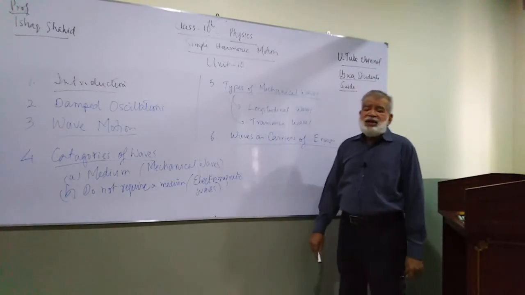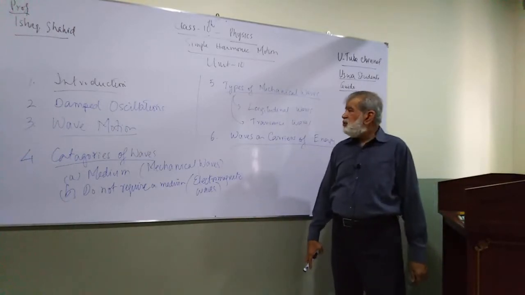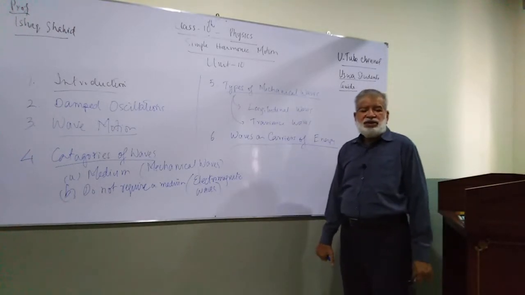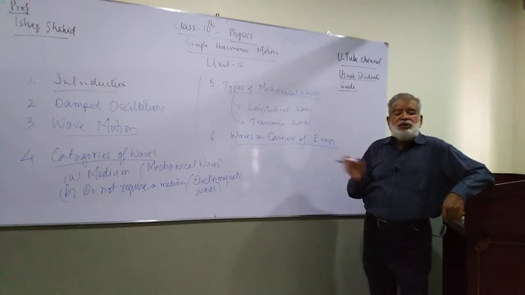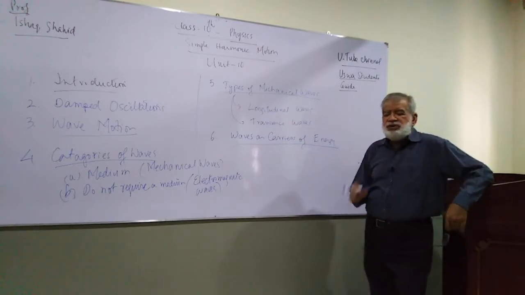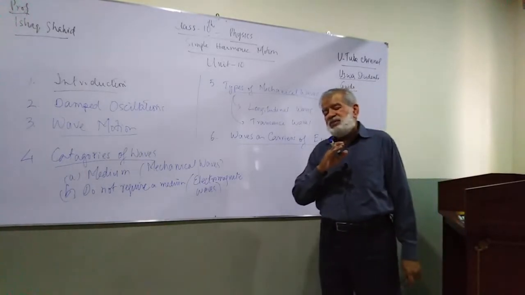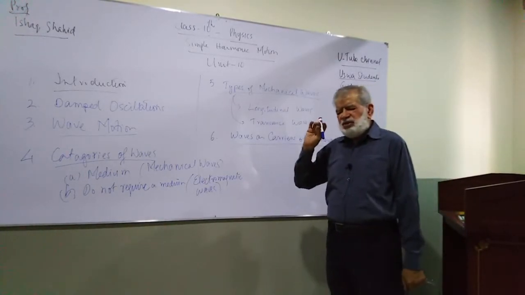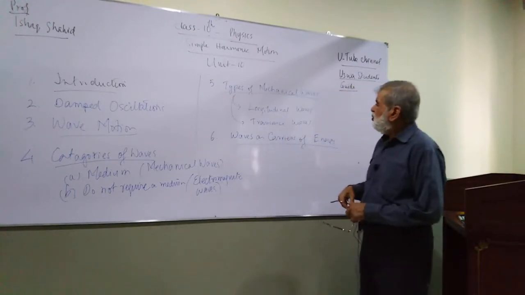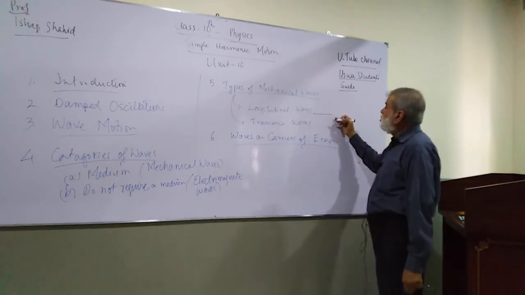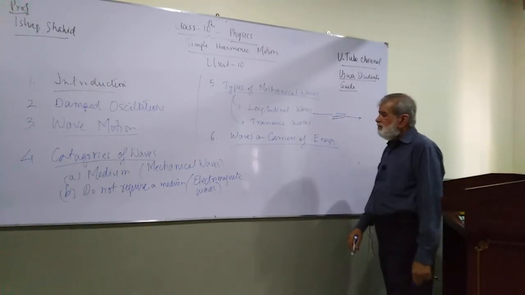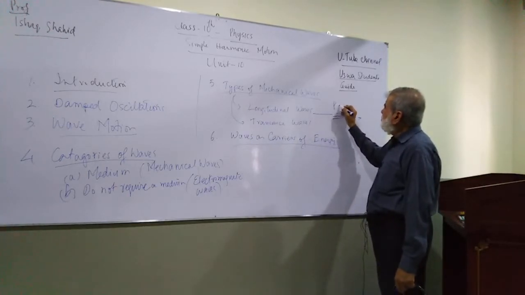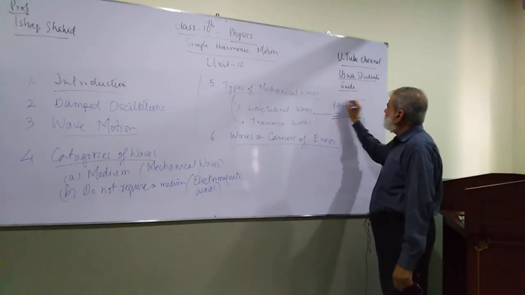The types of mechanical waves are two. One is known as a longitudinal wave, and the second is known as a transverse wave. A longitudinal wave is that wave in which the particles of the medium vibrate to and fro about their mean position in the direction of propagation of waves, that is, parallel to the direction of propagation of waves.